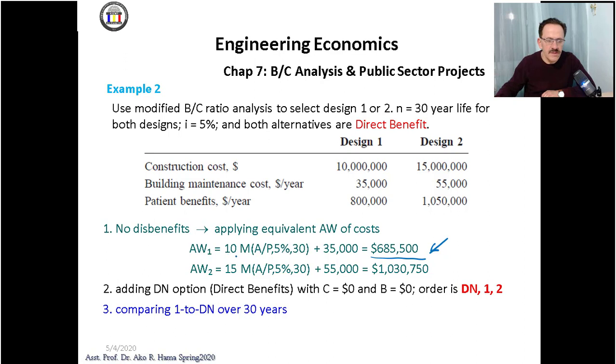This is by converting the 10 million P to A, in dollars per year.